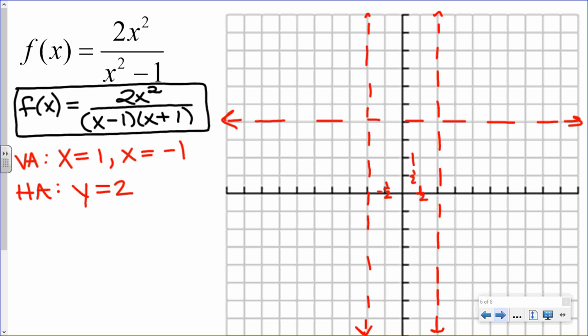Now we got to figure out what our curve looks like. Okay? Now, how many sections of the graph do we have? Okay, well, technically, yes, 6. But if we look at our vertical asymptotes, we have like 3 different parts we're going to have to look at.